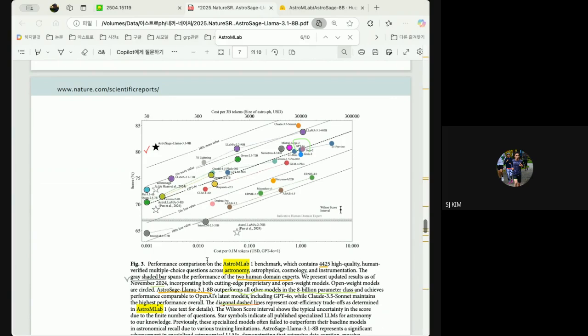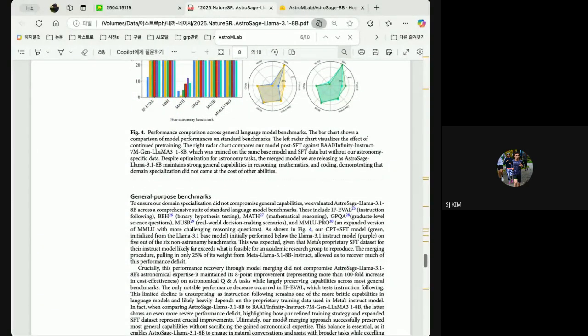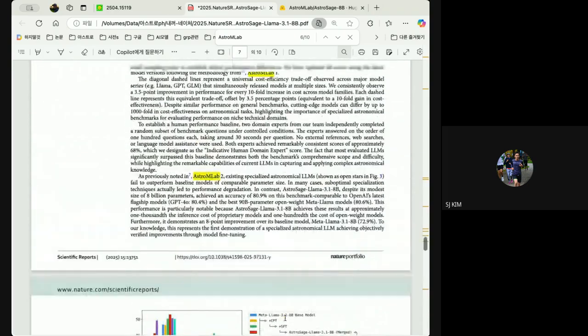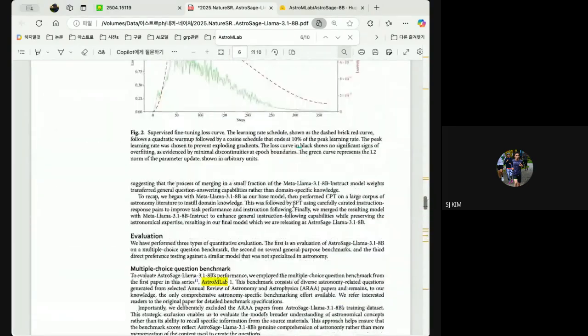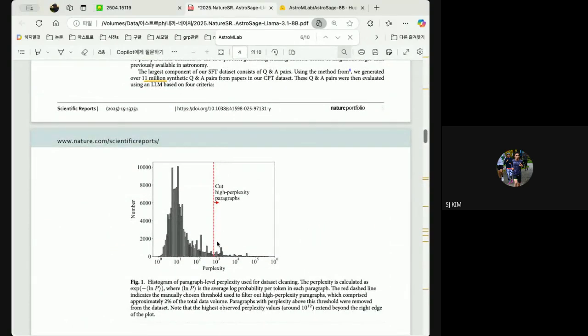Did they show some example of a difficult question and how they answer that? Difficult question. So I don't know. In this figure one, actually they cut here, and this part is actually the difficult part. In the fine-tuning, they only chose a part which their large language model understands.